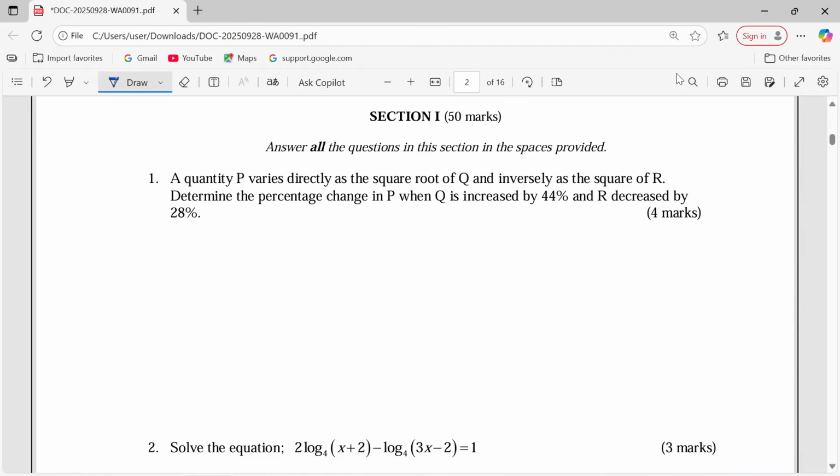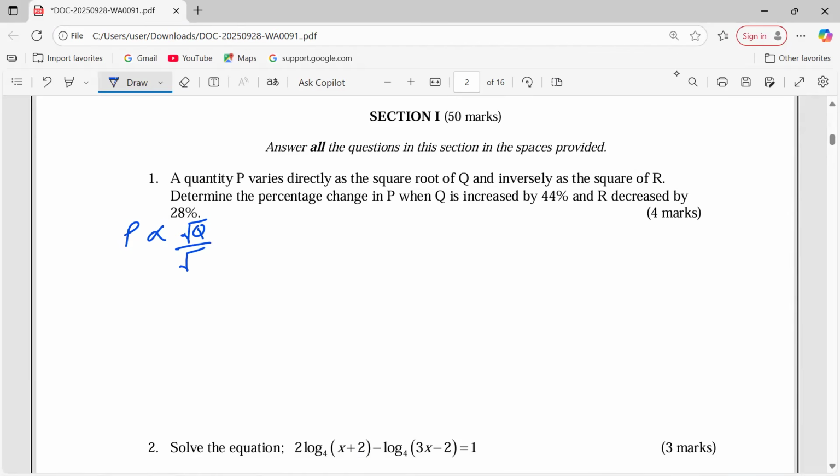Remember, P varies as Q and also as R, meaning that when Q and R are changed, then P will also be changed proportionally. Therefore, let's first interpret the information that P is varying directly as the square root of Q. Then inversely, so we divide.